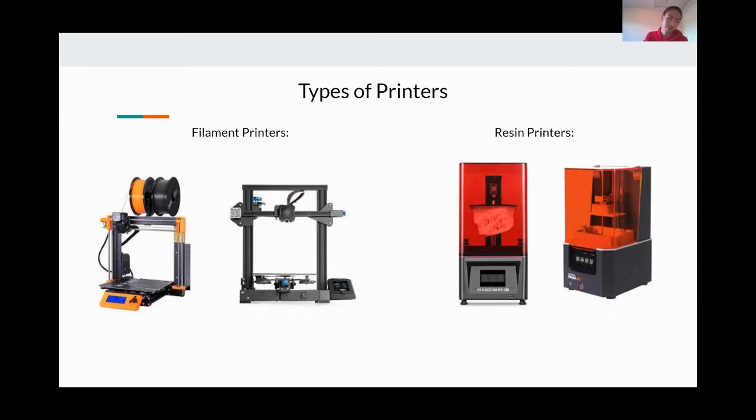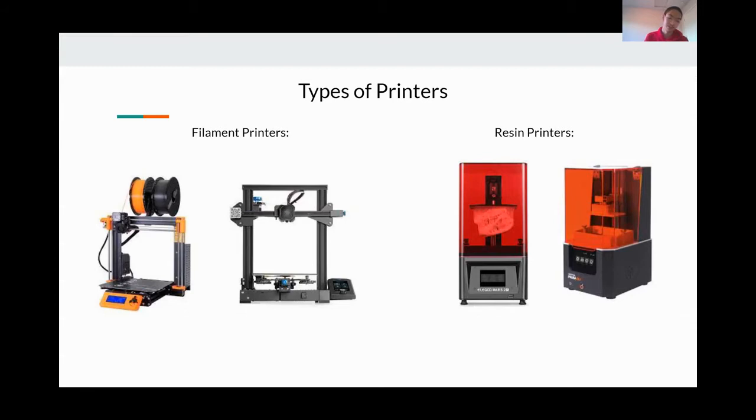So we're going to be going over two main types of printers, filament printers and resin printers, because other than these two, all other printers currently cost way over $1,000, up to $10,000. So there's no way we're going to work with or use them reasonably within the next few years.